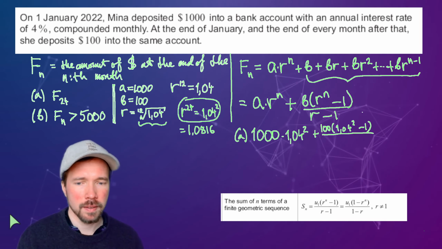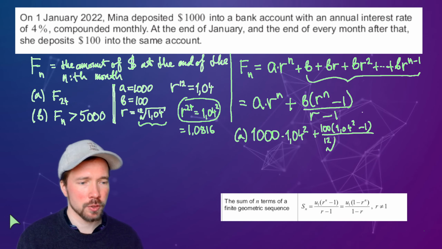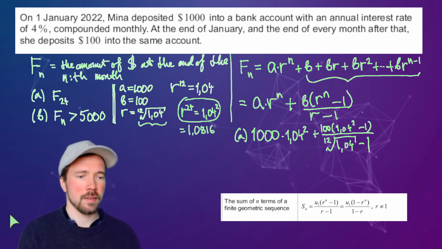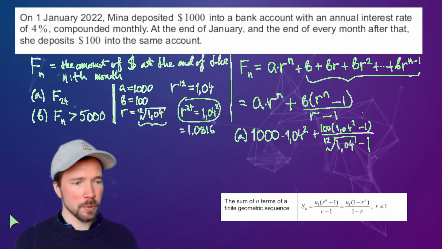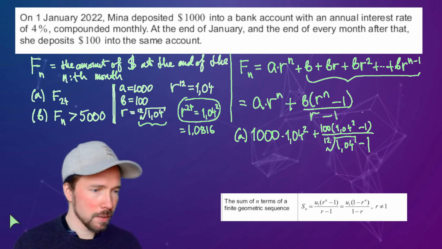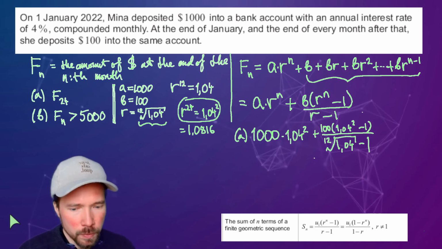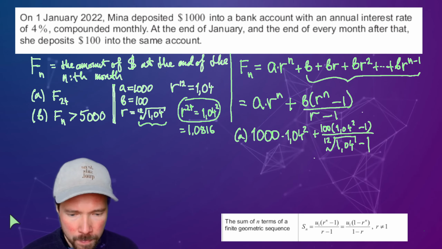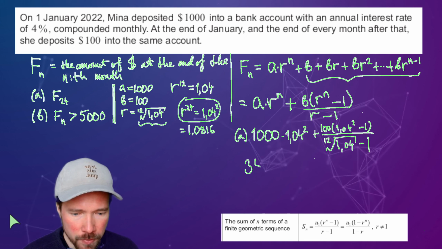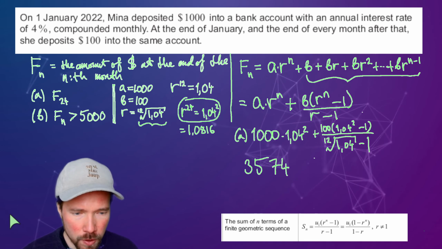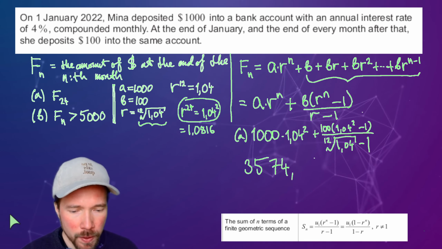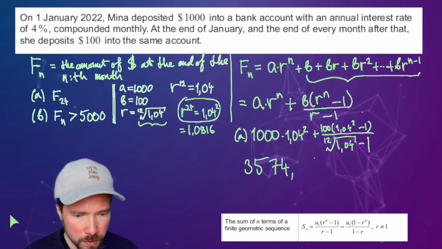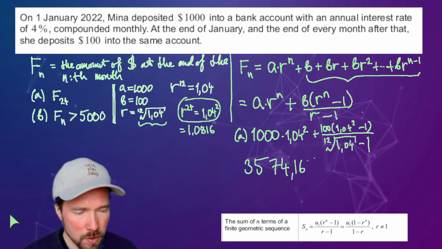Divided by the 12th root of this minus 1. I recommend putting all of this at once into the calculator. The number I get is 3,574.162.